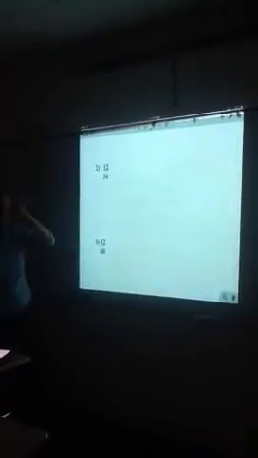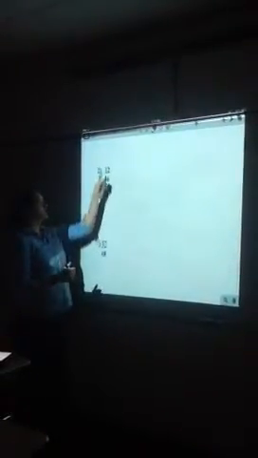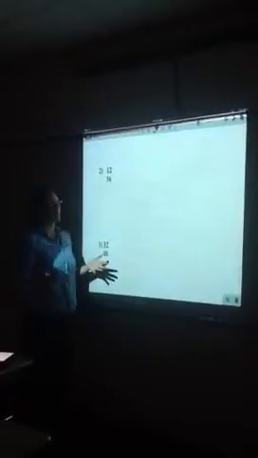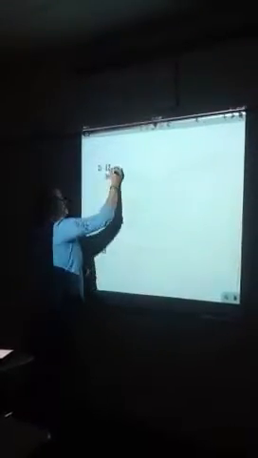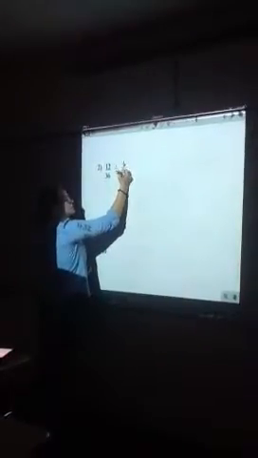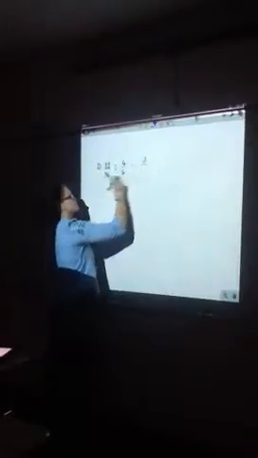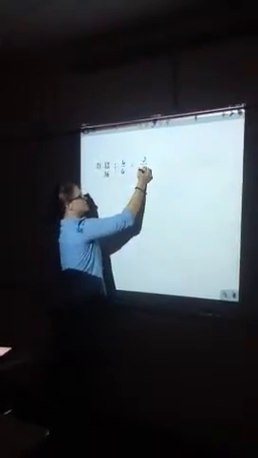Number 2, 12/36. We're going to look at this in 2 ways. First, we're going to divide the top and bottom by a common number of 6. I know I can divide 12 by 6 and 36 by 6. 12 divided by 6 is 2. 36 divided by 6 is 6.